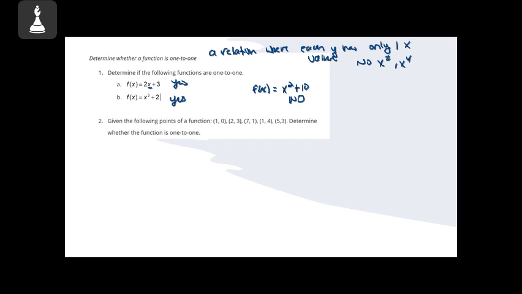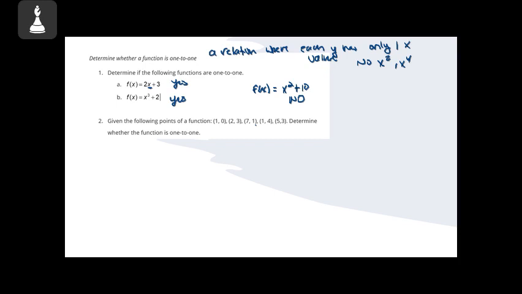Looking like we did before with the relation here in points, we need to determine whether the function is one-to-one. So this time, we're looking to see that y has only one x value. So we have to double check the y's. 1 is with 0, 2 is with 3, 7 is with 1, 1 is with 4, 5 is with 3.